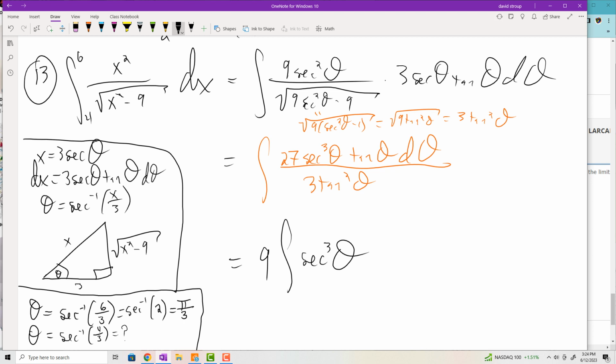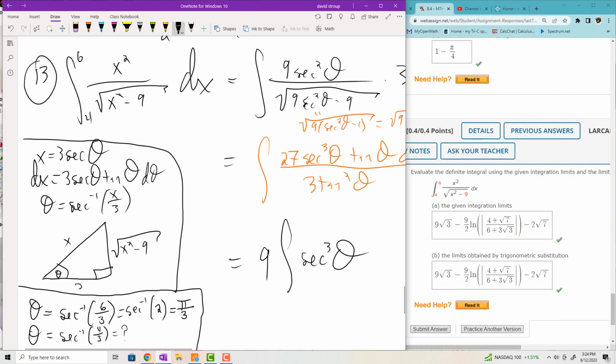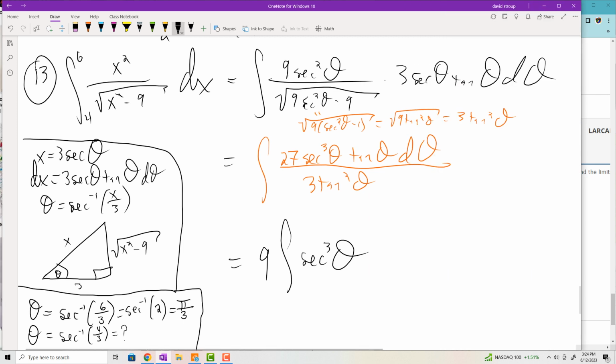The tan should have canceled out somehow. Sorry, let's make sure I got it. Oh, when you take the square root, I screwed up, sorry. It's that right there. It should just be tan. And then the tans will cancel, and you just got 9 secant squared d theta.